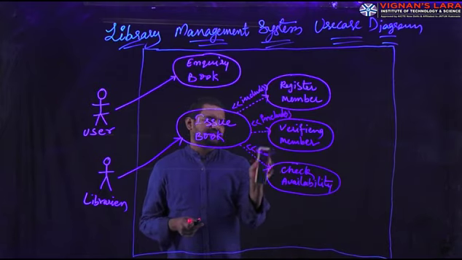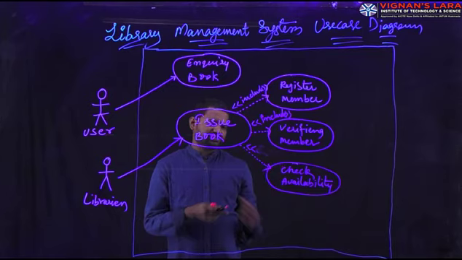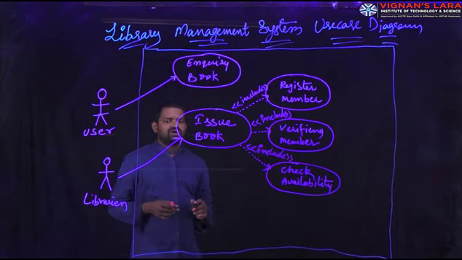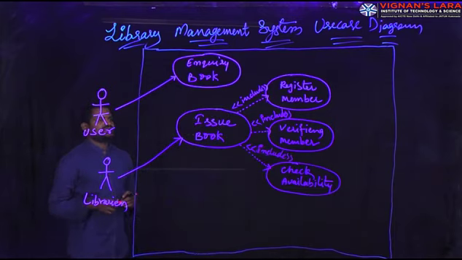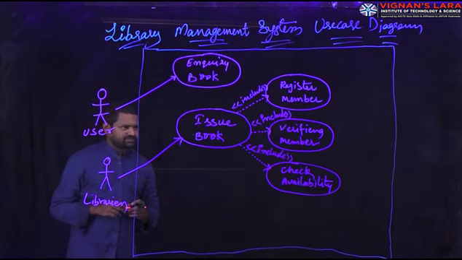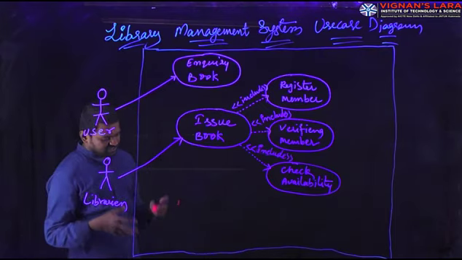This is the include relationship. Issuing a book performs additional operations as include relationships: register member, verifying a member, and check availability.